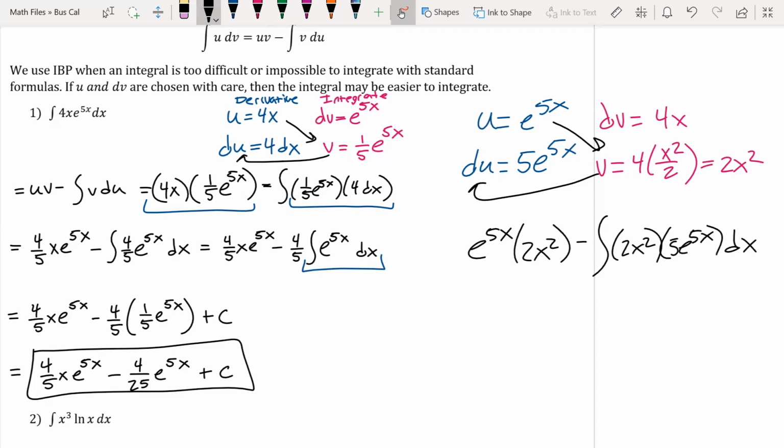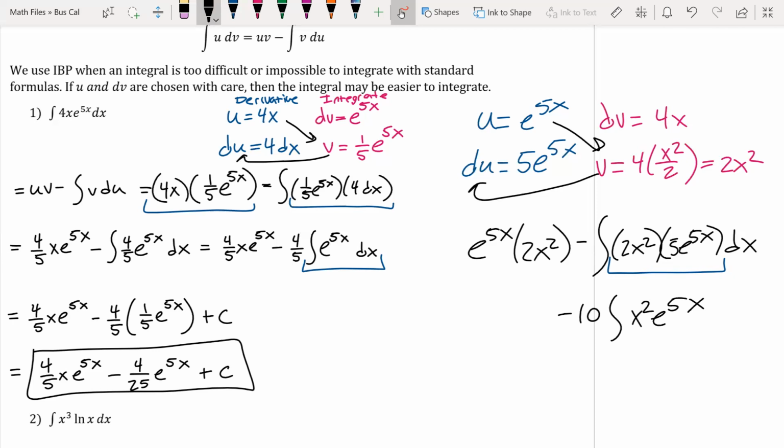Okay, now what happens here is that you now have these two terms inside, which means the integral is going to keep going. You're going to end up in an endless cycle, because if I clean this up, you'd have -10 times the integral of x squared e to the 5x. And if you did it again, you would keep going continuously.